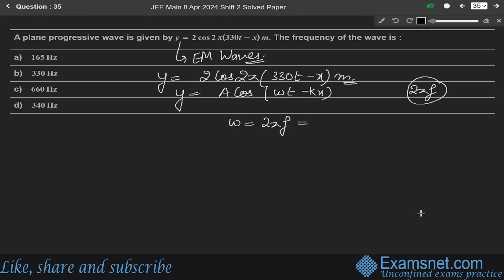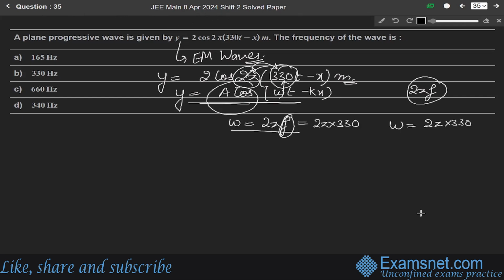Comparing it with this, 2 pi will be multiplied here, so omega will be 2 pi f. So here f is this 330. Now comparing this omega with this 2 pi into 330, so this will be 2 pi into 330. So as we see that this frequency f is 330, option B is the correct answer.